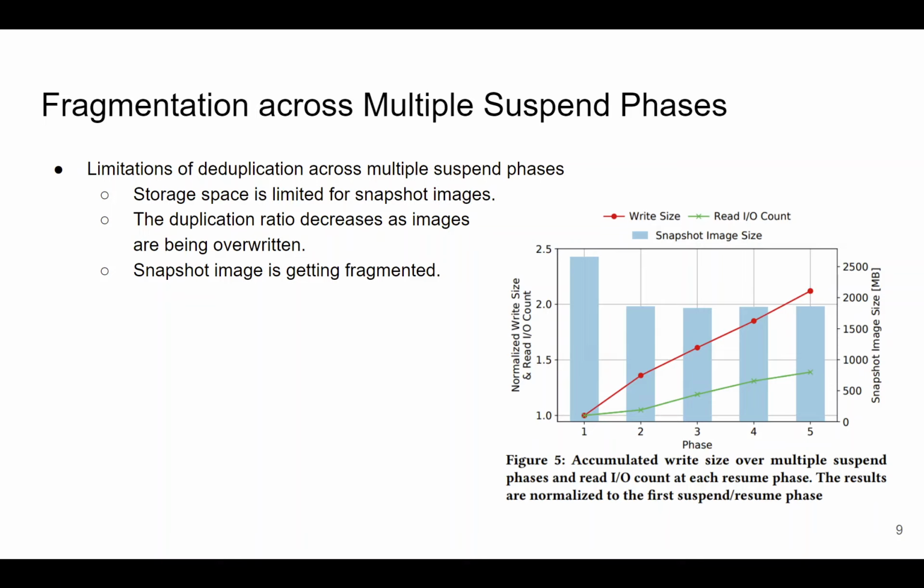The degree of fragmentation gradually increases and slows down the booting time due to overwriting. Figure 5 shows the read I/O counts at each resume phase. As you can see, it gradually increases over time. This will result in degradation of booting time. We will discuss how to resolve this later.